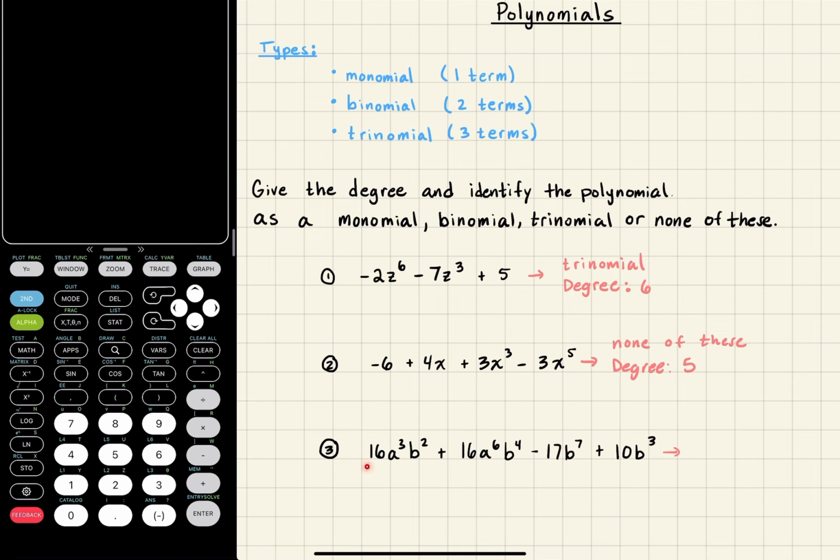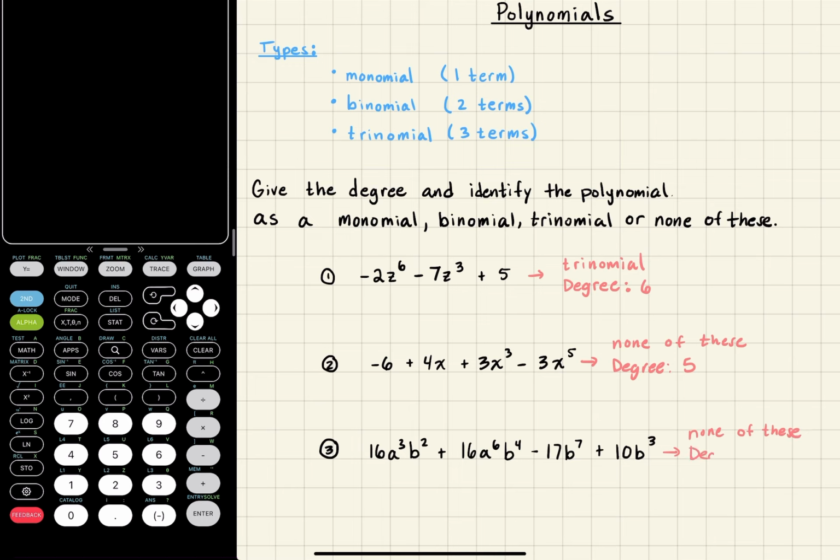In this problem, I'm counting 1, 2, 3, 4 terms. So once again, we don't have a name for that polynomial, so we would say that this is, again, none, as far as the type.